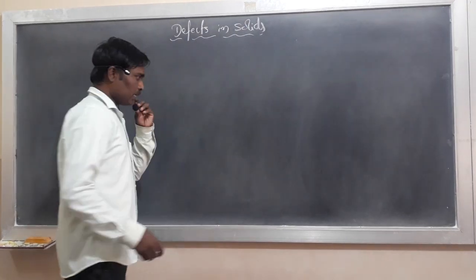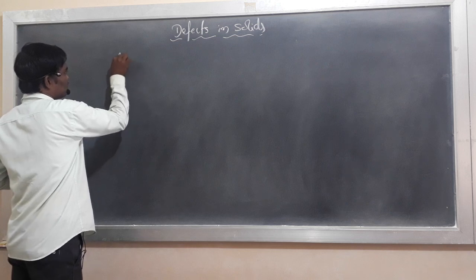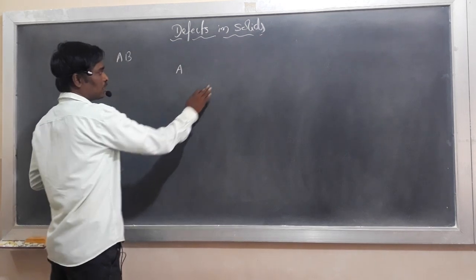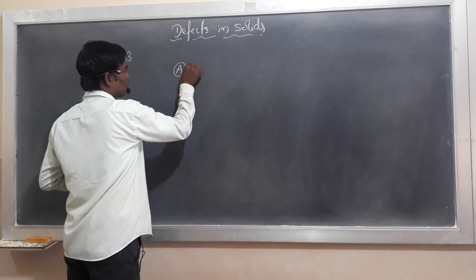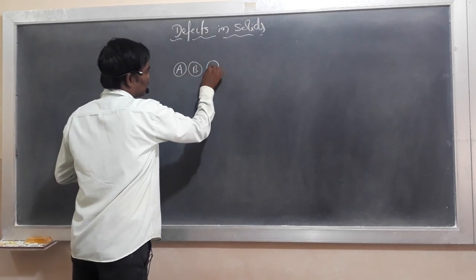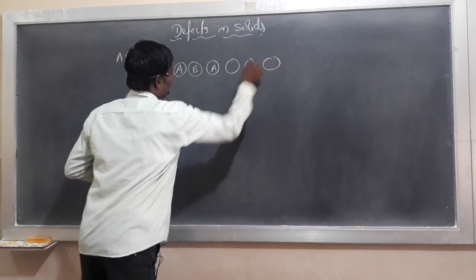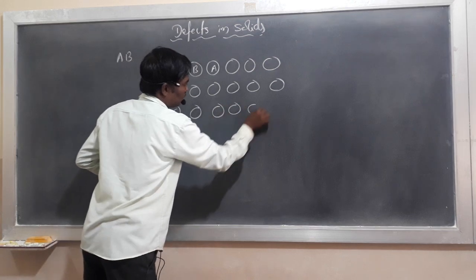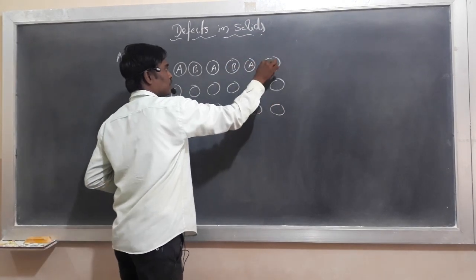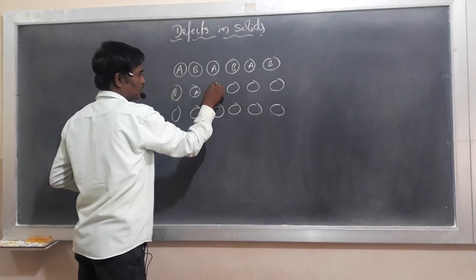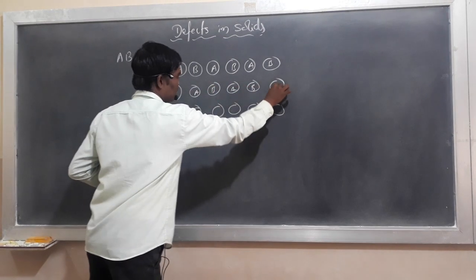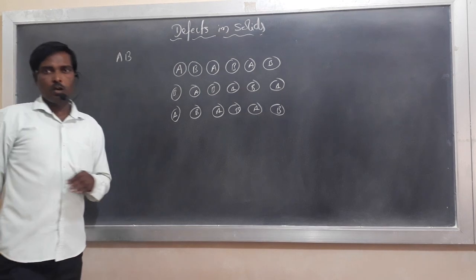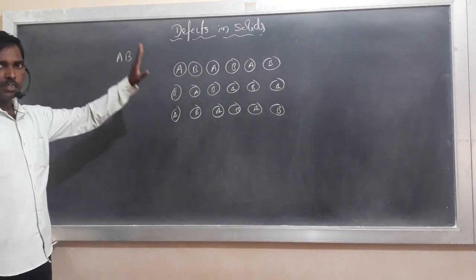For example, if I take a crystalline substance like AB, the arrangement is in order: A, B, A, B, A, B, A, B. This is an orderly arrangement of the constituent particles in a crystal lattice.